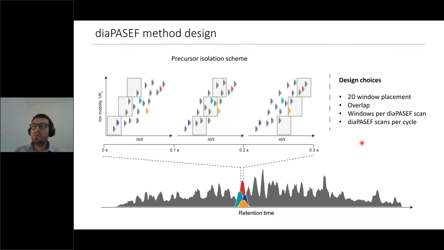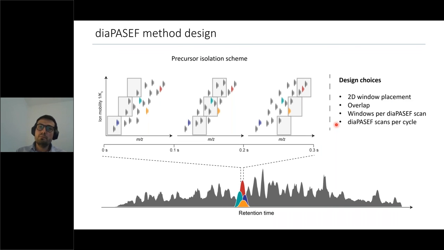And we try to formalize it in a way that we mostly try to conceptualize our method designs in terms of how we place the windows, then the overlap of these windows, for instance, in m/z or ion mobility dimension, then how many steps or how many windows we would like to acquire per DIA passive scan, then how many of these DIA passive scans we would like to do in an acquisition cycle.